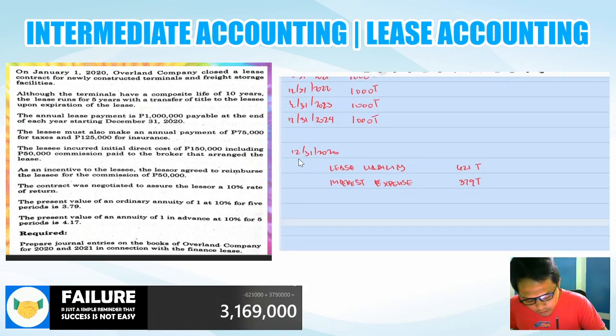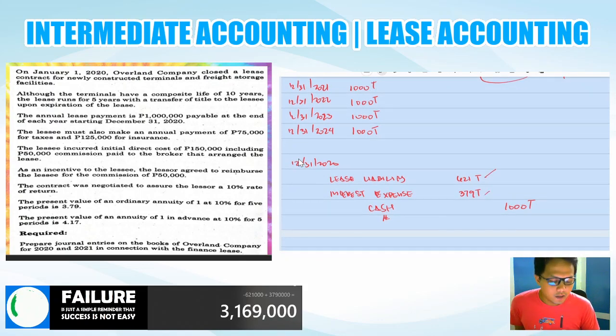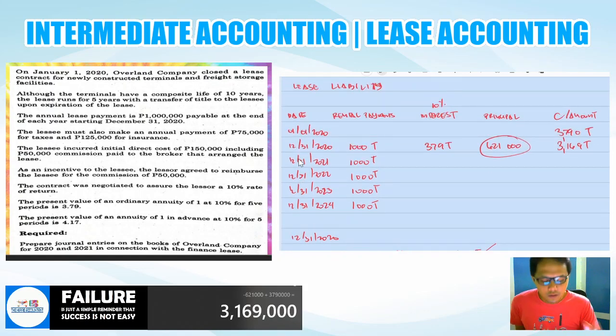Credit your cash at 1 million. So this is what we mean that the rental payment of 1 million is allocated between the principal and the interest. So it is quite easy, as long as we know how to make our effective interest amortization schedule.